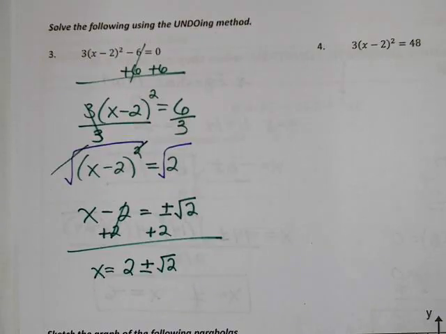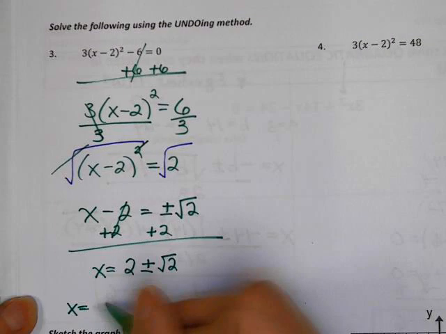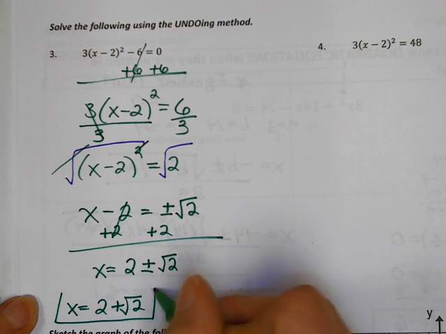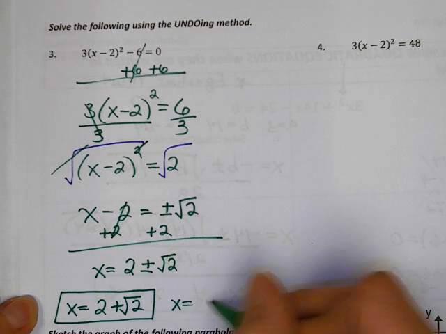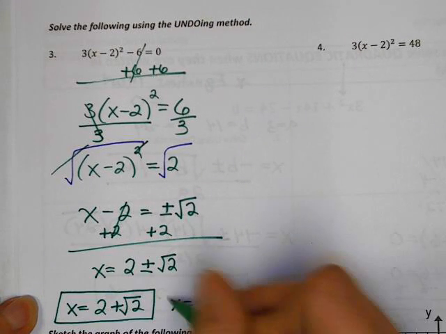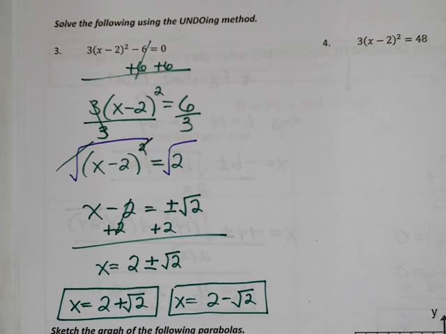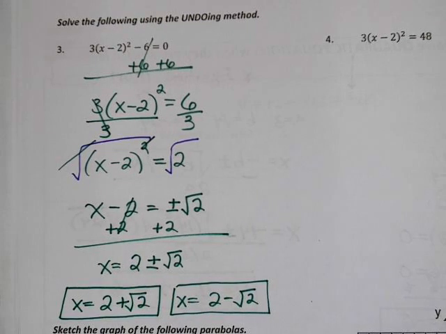So what are the two answers here? We have 2 plus radical 2 as my first solution, and then we have 2 minus radical 2 as the second solution.